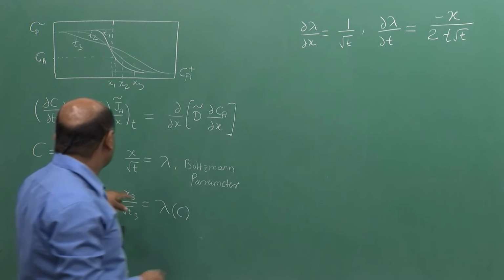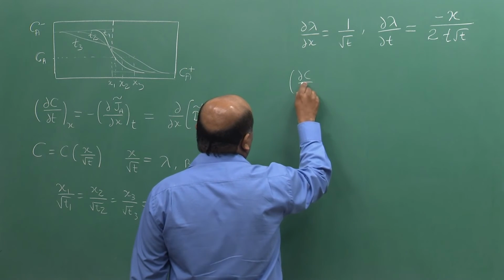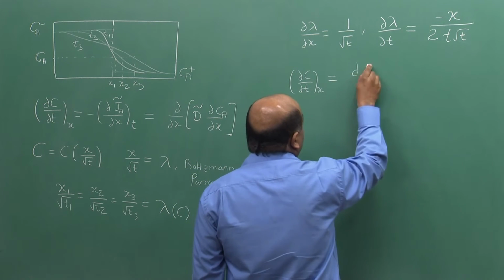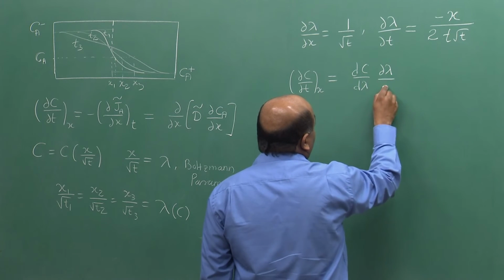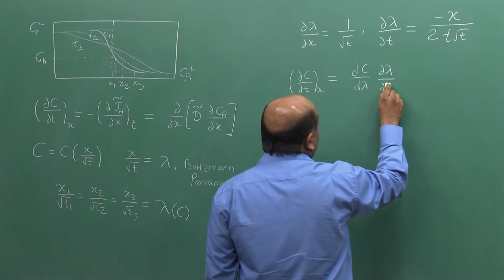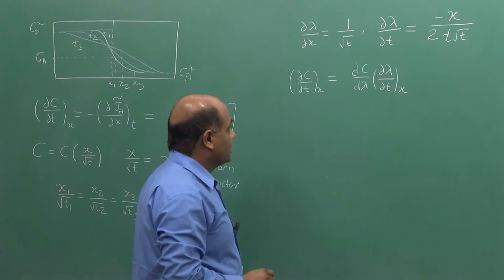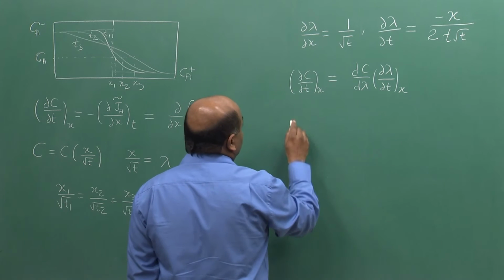Now, if we look at the left hand side, dou C by dou t, we can write this as dC by d lambda times dou lambda by dou t at constant x, and we know dou lambda by dou t is minus x over 2 t root t.